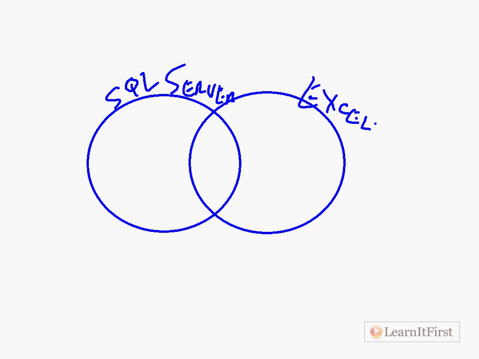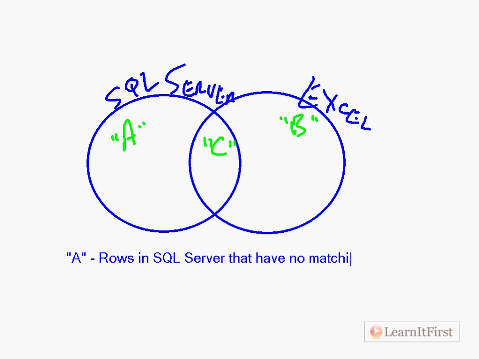If you are a SQL person, we would define these as having, this would be C, this would be A, and this would be B. And I'm going to come down here and type this in: A is rows in SQL Server that have no matching row in Excel.